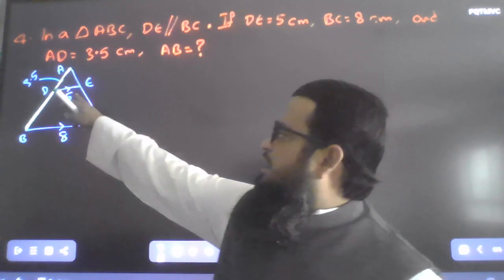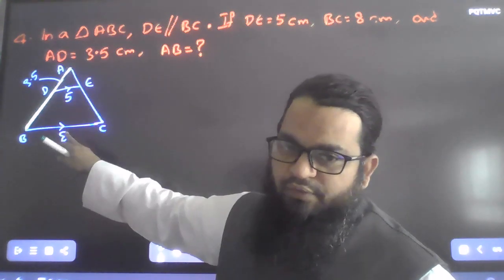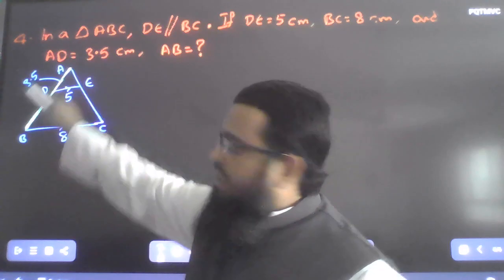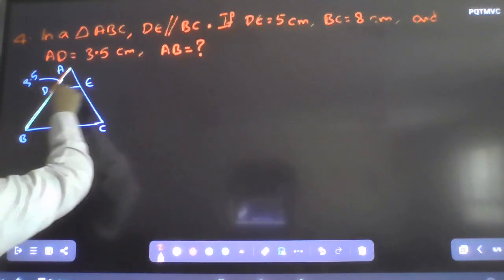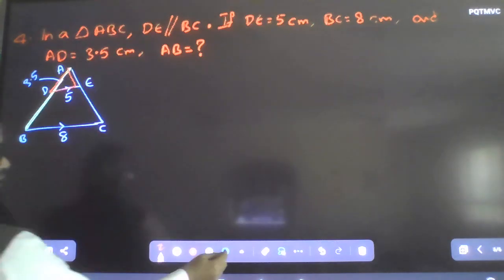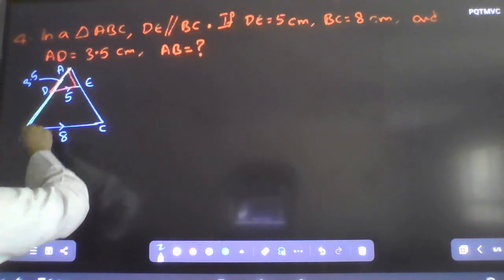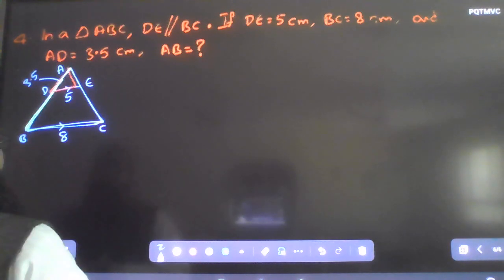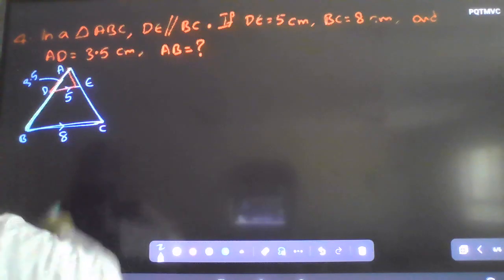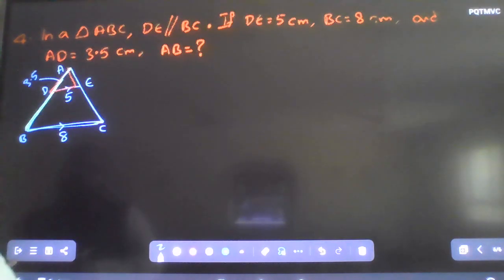When a line is drawn parallel to one of the sides of the triangle, then these two triangles, for example, let me draw ADE, triangle ADE is similar to ABC. Understood or not? How, sir? Sir, how are these two triangles similar? Let us say, what is given, my dear student?